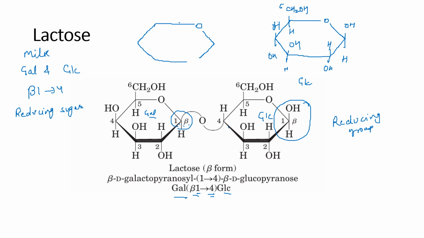Glucose and galactose are C4 epimers, which means that the configuration differs at the C4. The configuration of galactose will be like this. In case of glucose, it is H and OH.